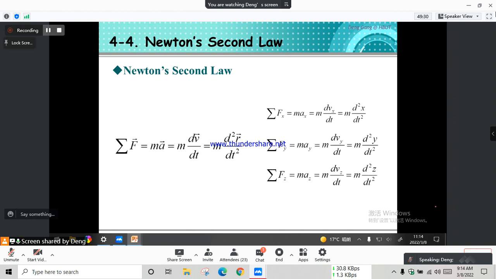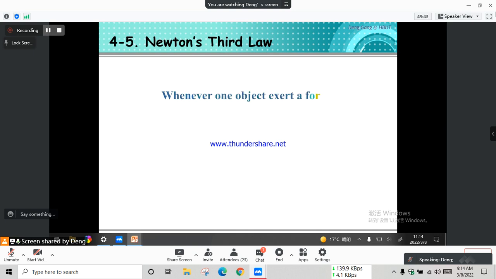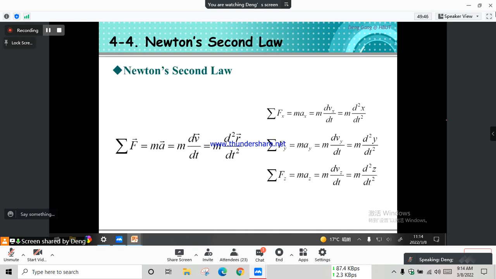So this is the equation for Newton's second law in 3 dimensions. In 3 dimensions, we can use the vector form because force is a vector. That's the second law. The second law actually helps us to know what the force is, because we have defined the mass, and we already know what the acceleration is.